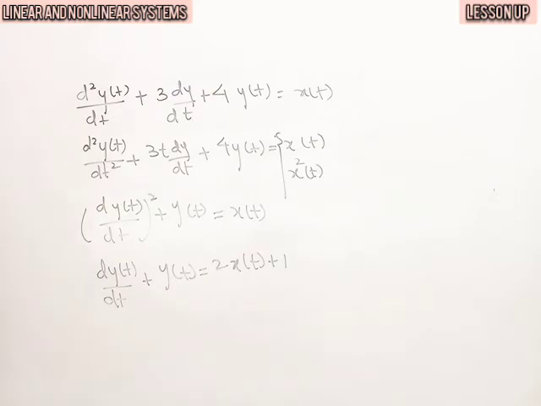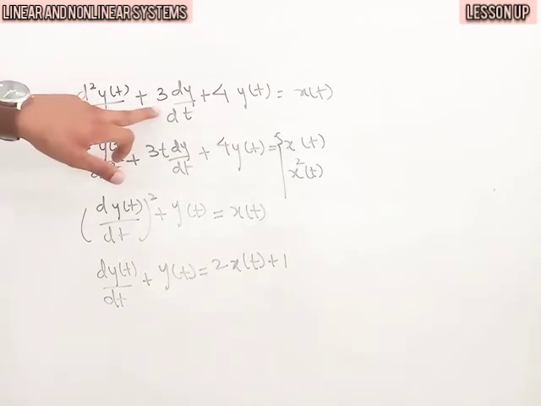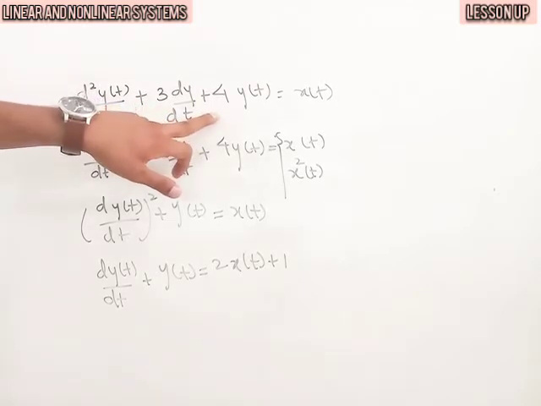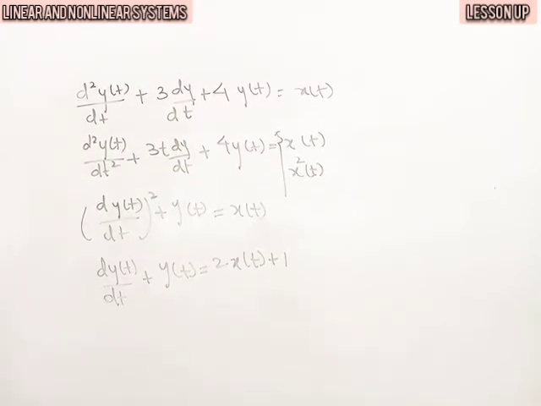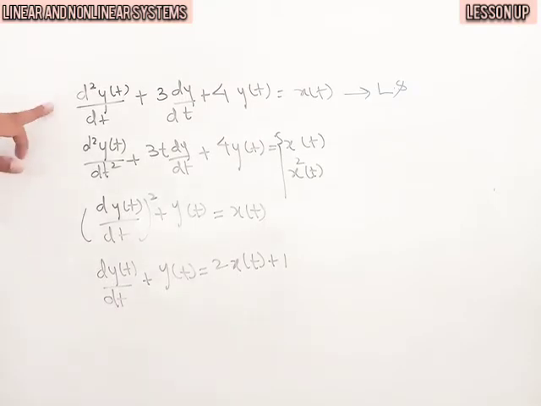Now, we will see a few differential equations. First, d square y of t by dt square plus 3 dy by dt plus 4 y of t equal to x of t. So, this is linear. The differential equation is a linear system. We have already solved this question.